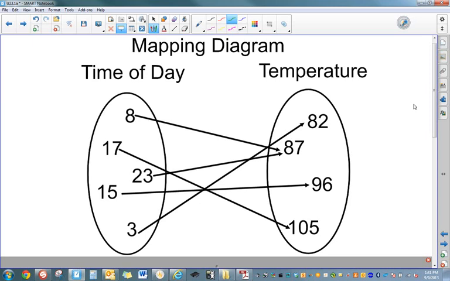And as you copy down the diagram, I want you to think about what is going on in the mapping diagram. What's happening in it? What are the things you notice about it? What are some things that are interesting about it? What is it trying to tell you? Is there a relationship there, and what might that relationship mean?